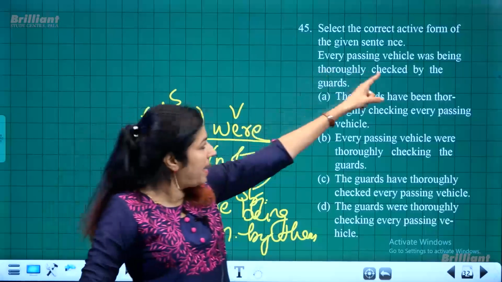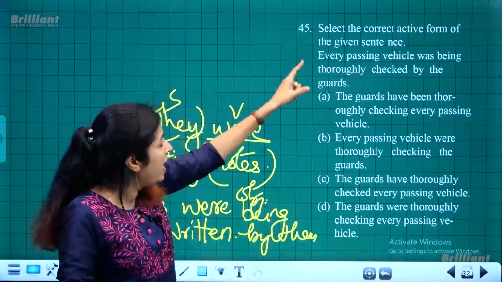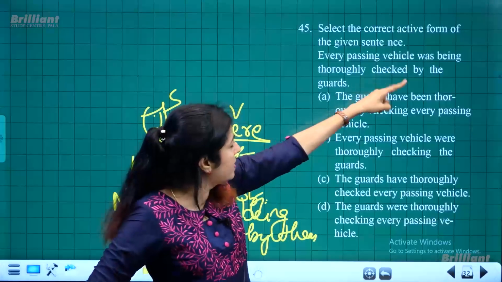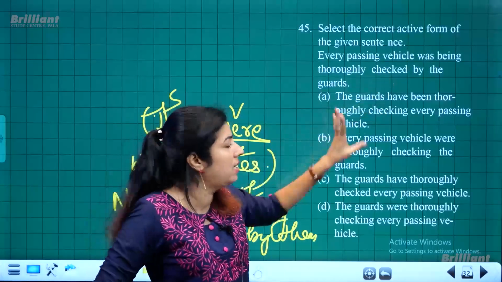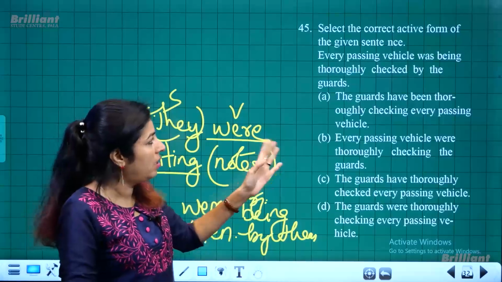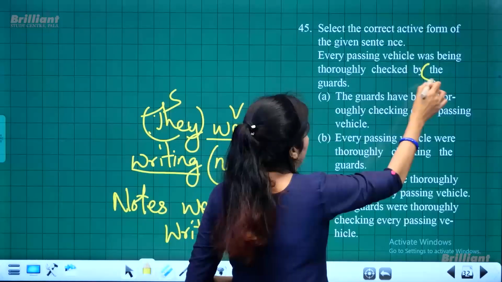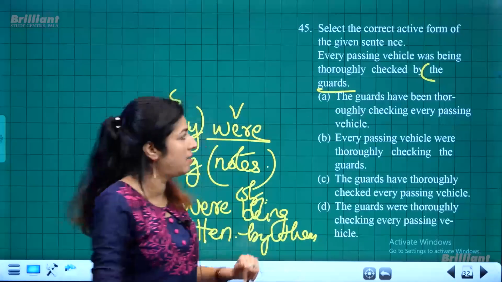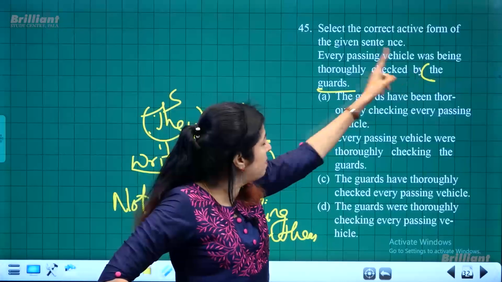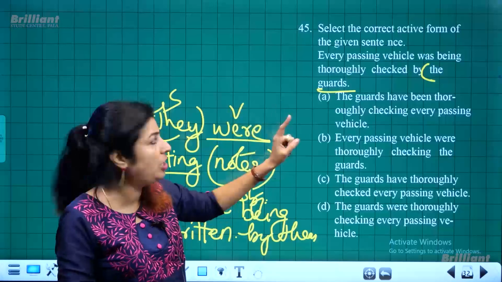But here passive is already given, and you have to find out the active. Every passing vehicle was being thoroughly checked by the guards. How will you make it active? By making the guards the subject. You have to start with the guards. Was being thoroughly checked means past continuous.